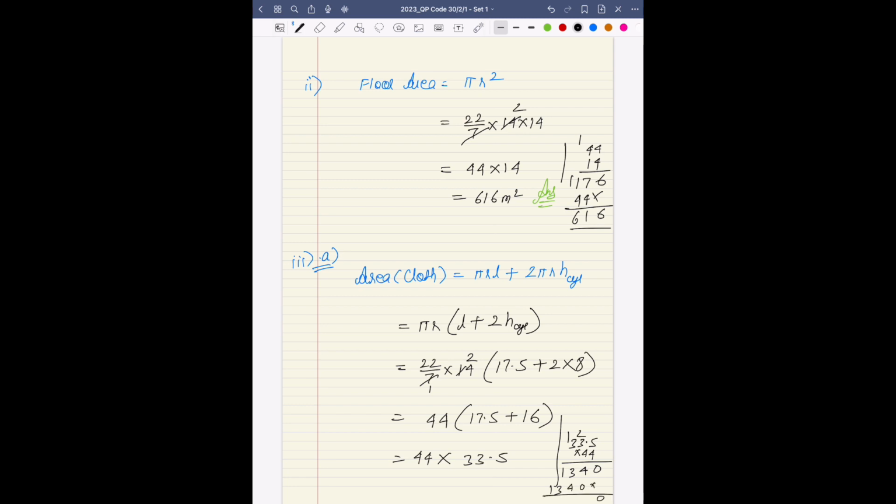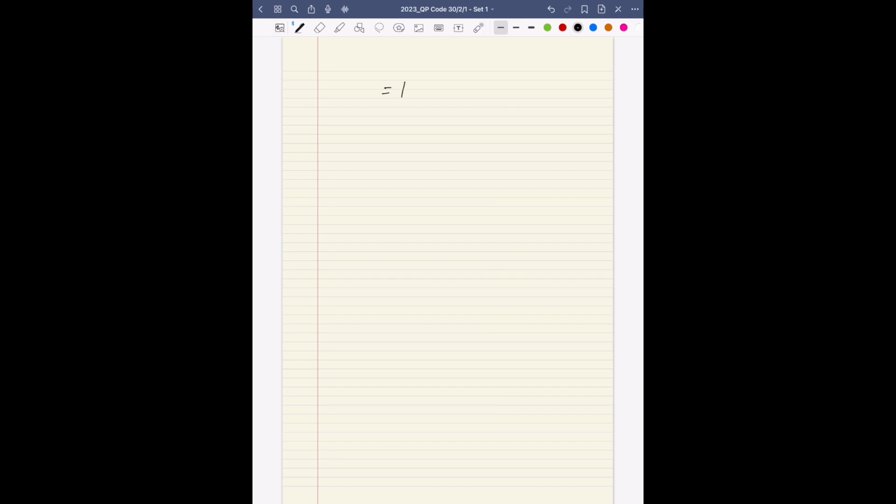So what do we get? 0, 4, 7, 4, 1. 1474. 1474 meter square is the area of the cloth. Very simple, just calculation. That's it. Let me write this 4 clearly. Okay, that's it.